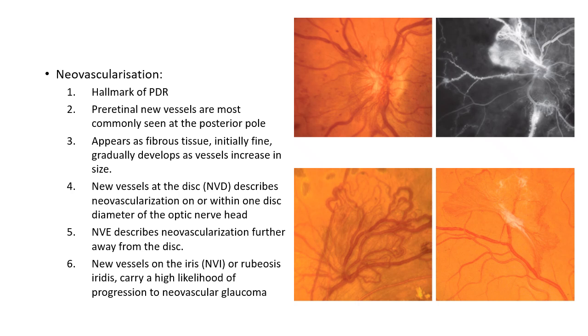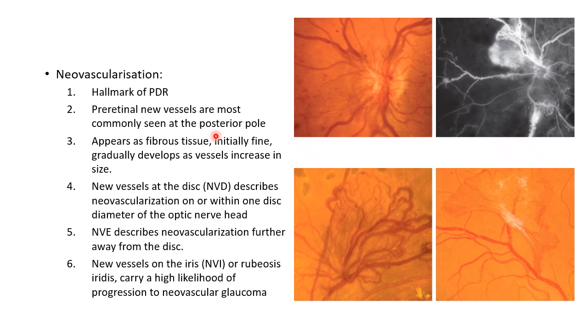Both of them would appear hyperfluorescent, but IRMA would not leak. The fluorescence will not increase, whereas it will increase with time in cases of neovascularization. As far as the appearance is concerned, both of them look like fine blood vessels and are therefore clinically difficult to distinguish. Neovascularization is the hallmark of proliferative disease.